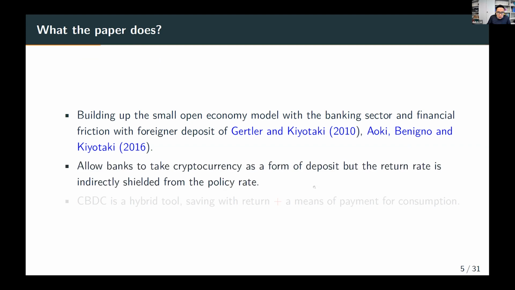Second, I allow banks to take cryptocurrency in the form of deposits, and the return rate is indirectly still tied to the policy rate, because the deposit return rate is determined by the central bank. Lastly, I introduce CBDC as a hybrid tool, so it can be a saving tool and also a means of payment, with perfect liquidity.